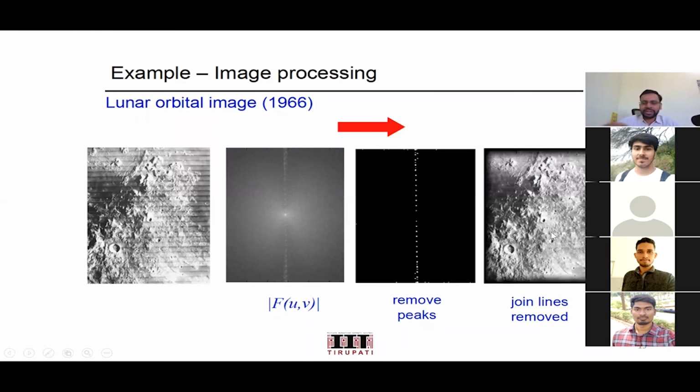I'm not very sure how you could do such a nice thing in the time domain. That's very difficult. This periodicity you could nicely exploit in a very simple way in the Fourier domain.